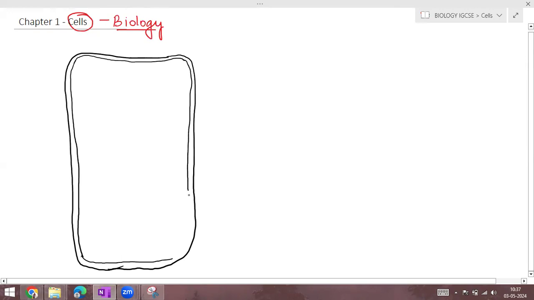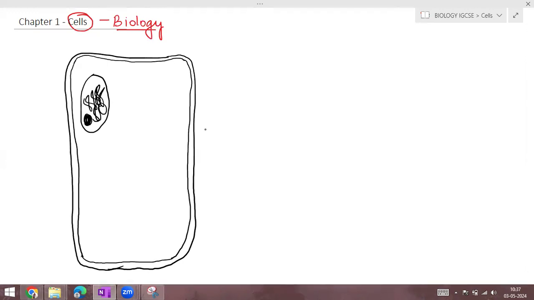They differ, obviously. But this particular cell contains each and every major part of the plant cell. It represents a cell which is quite common, with all the characteristics, which is why we have taken this type of cell.